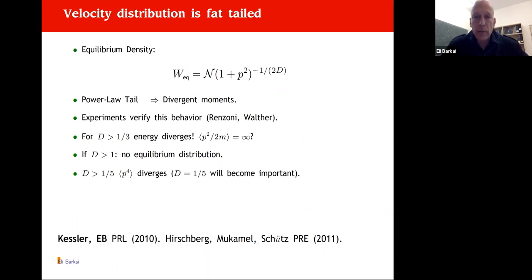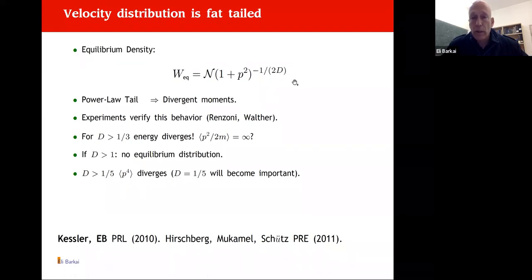It's the same type of divergence that we encounter also in the fractional equation. If d is greater than 1, there is no equilibrium distribution. And if d is greater than 1 over 5, the fourth moment diverges.